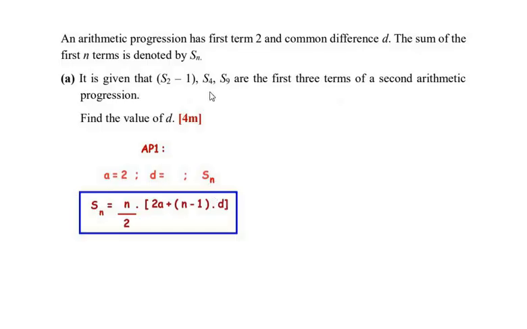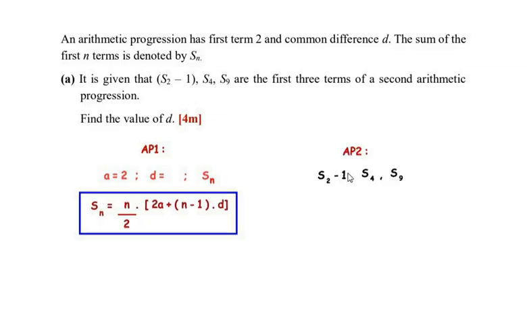Now a second arithmetic progression is given whose first three terms are S2 minus 1, S4 and S9. So the first three terms of the second AP are given in terms of sums. Now we need to find the value of the common difference d, that is the common difference of the first AP.